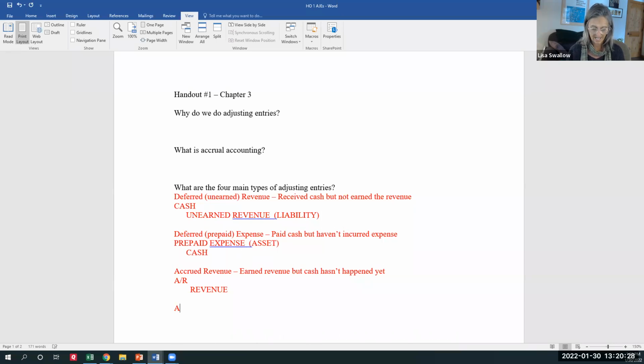And the last type, again, there's no original entry because no cash has transpired. I've incurred an expense, but not yet paid the cash. I'm going to have to debit some sort of expense, and I'm going to credit some type of accounts payable.